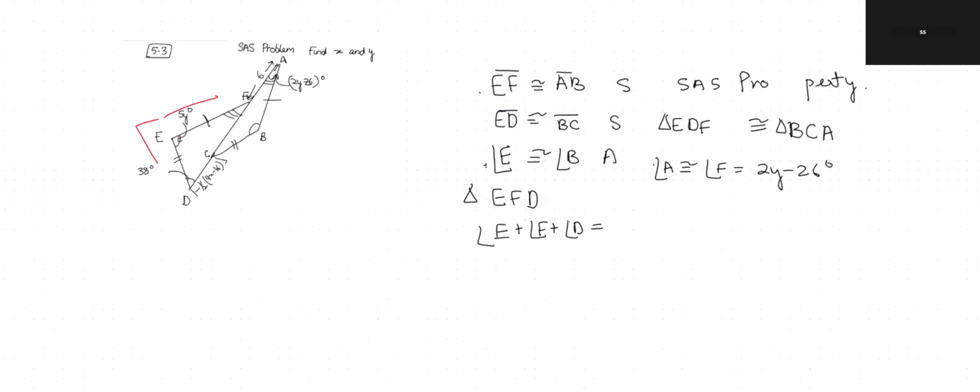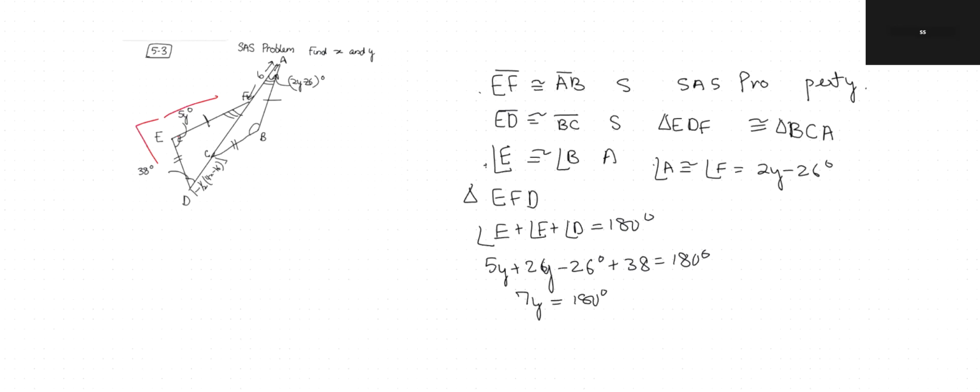So angle E is 5y, this is 2y minus 26 degrees, and angle D is given as 38. So this gives 180 degrees. So this gives 7y equals 180 minus 12.